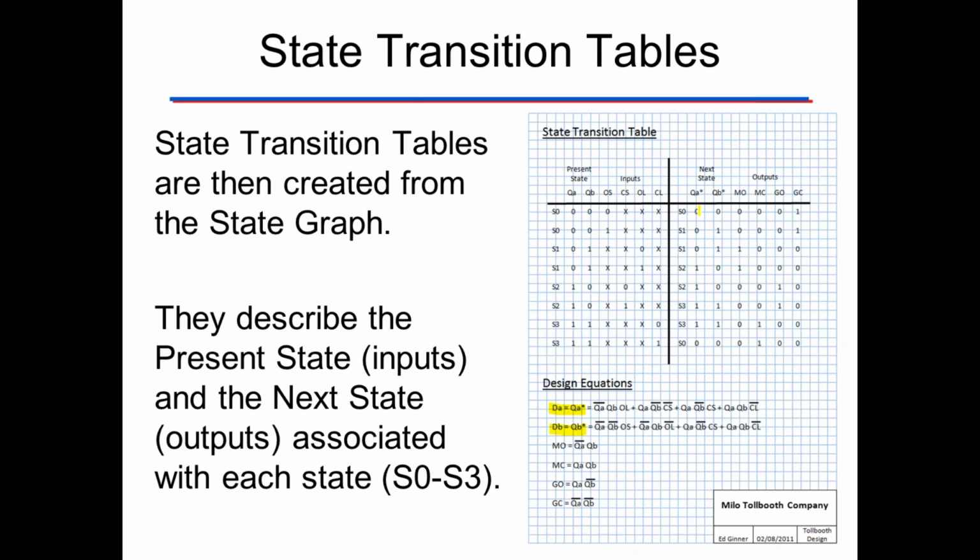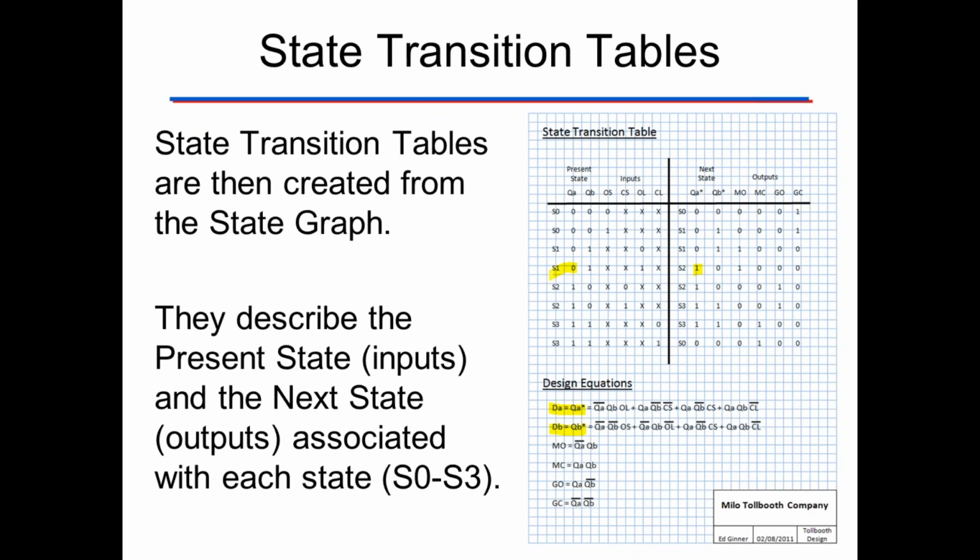I'm going to go to this column right here, and I start at the top. Remember, we're going to write our standard sum of products. In sum of products, we write the equation for all the ones. Here's my first 1. I don't do anything with the x's; we forget about the x's. But right here, I see a 0, so that's going to be QA bar.